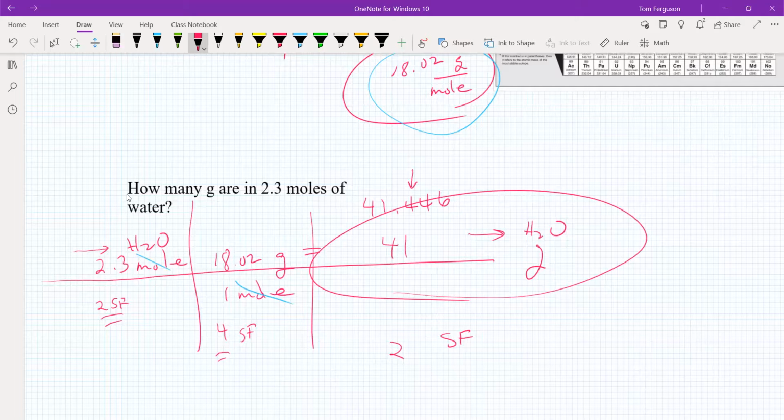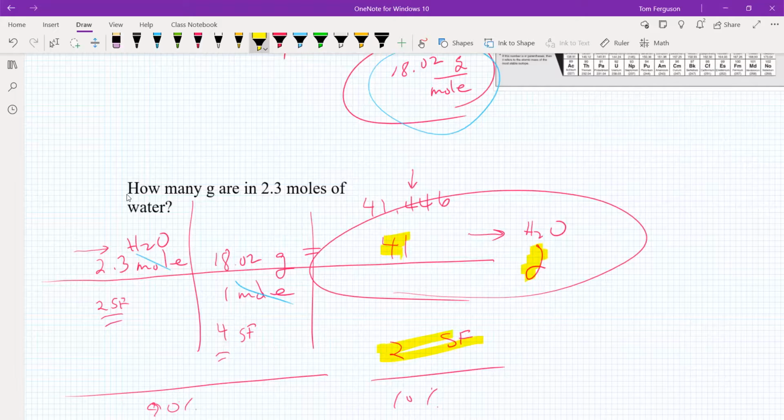Okay, so again, set up 90%, answer 10%. Now our answer is going to have 3 things in it. It's going to have our number, our grams, our unit, and it's going to have sig figs. So our answer always has 3 parts.